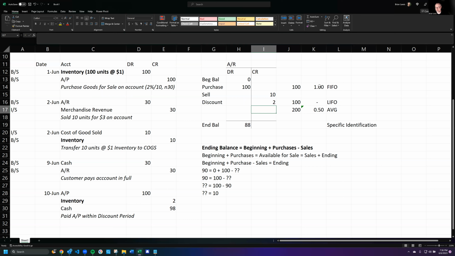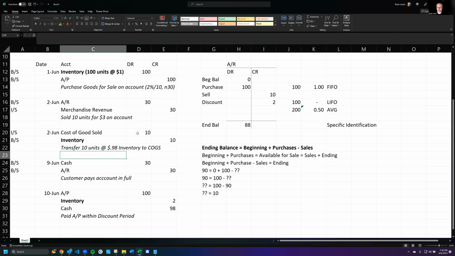Okay, you have $1 minus 2 cents, because $2 divided by 100 is 2 cents. So I might have to go back and adjust this because I didn't transfer 10 units at $1. I transferred 10 units at $0.98.